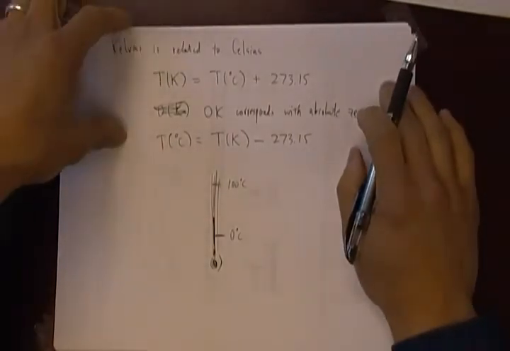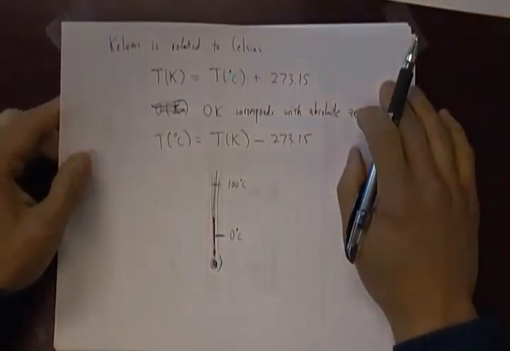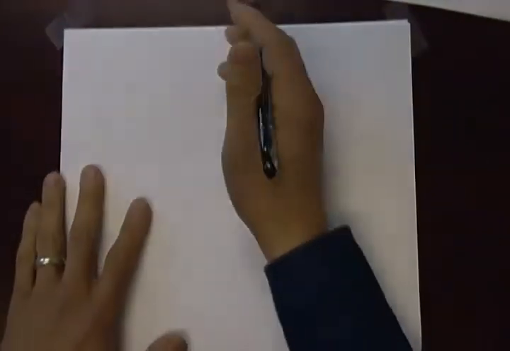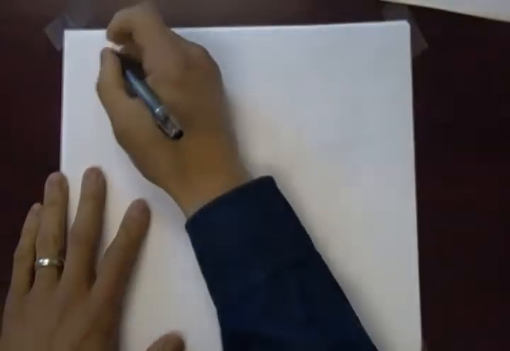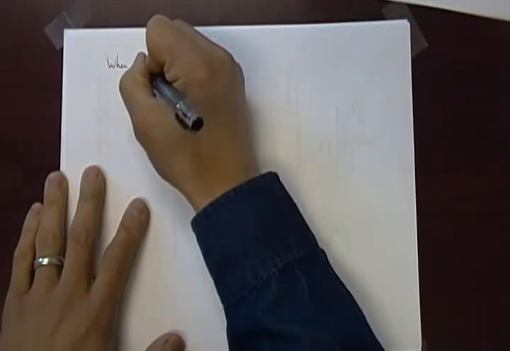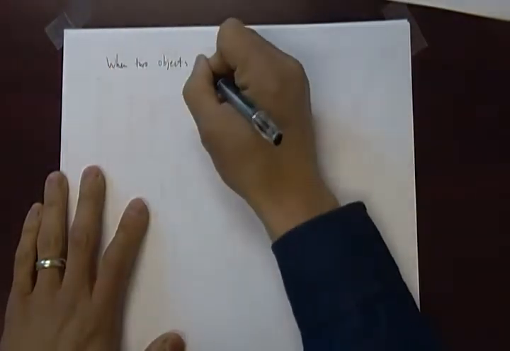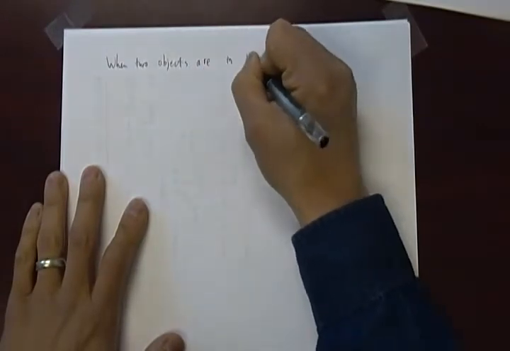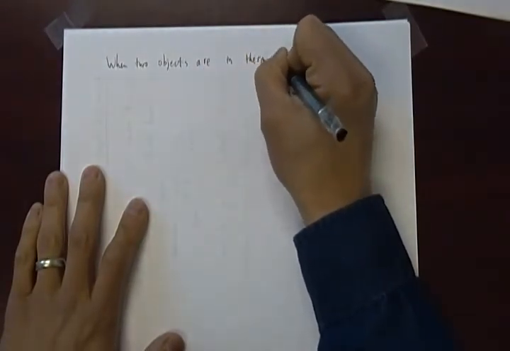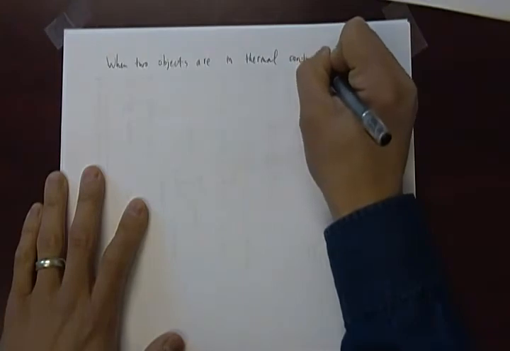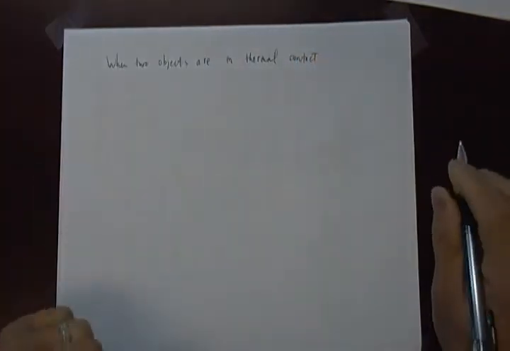Okay, now let's talk a little bit about equilibrium, thermal equilibrium. When two objects are in thermal contact, what do I mean by thermal contact?